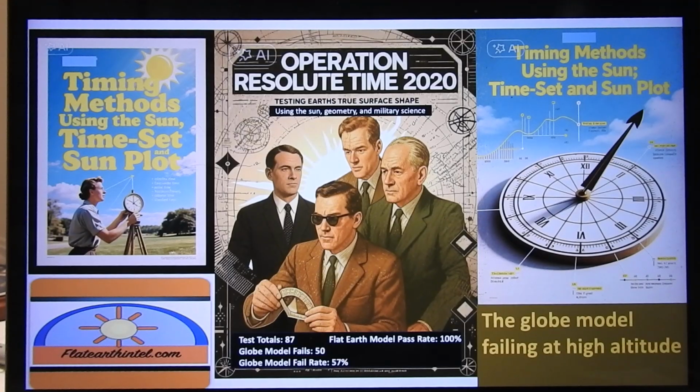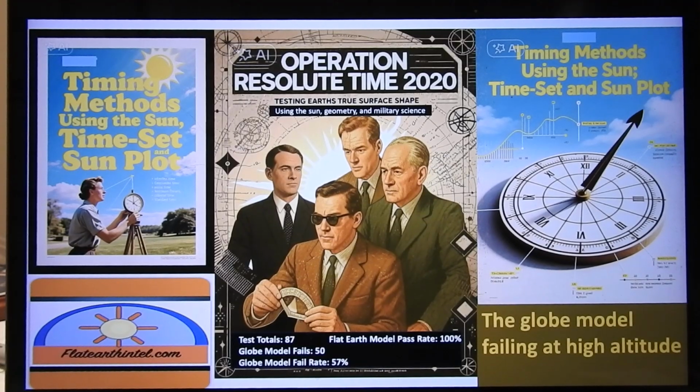I found that the globe model failed 50 of those 87 tests, a 57% failure rate, where the flat Earth model passed all testing at 100%. That's really interesting because the test was done at high altitude, over 5,000 feet, which should have given the globe model an advantage in helping it pass the test, but it didn't. It did just the opposite.